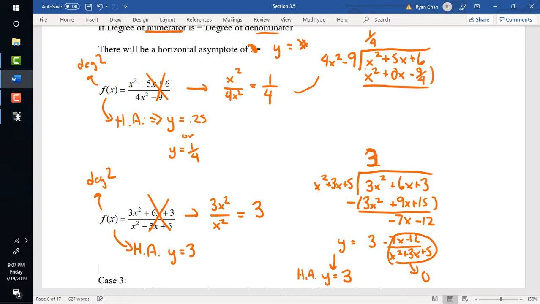I subtract this and I'm left with 5x plus 33/4. So I have y is equal to 1/4 plus (5x plus 33/4) all over 4x squared minus 9. And then this goes to 0.